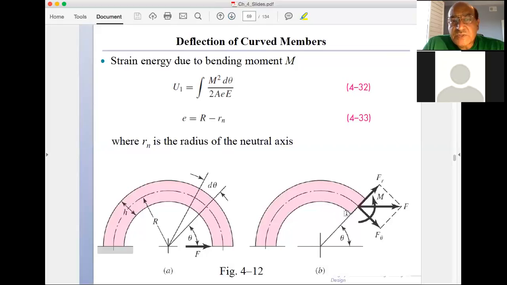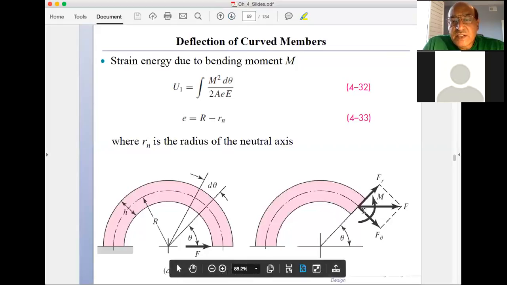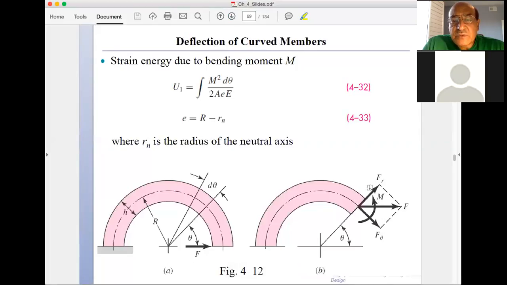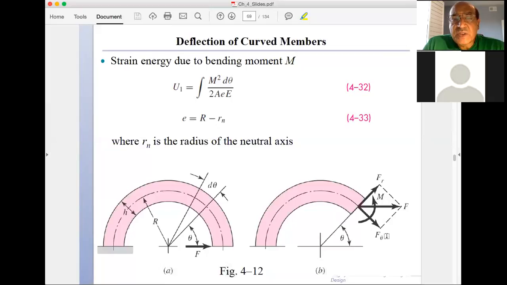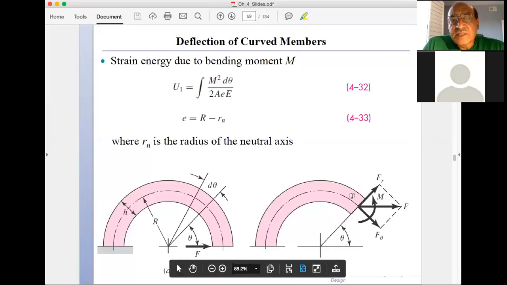And then we have to get another component for the azimuthal force, and then one component for the radial force. The azimuthal force is axial, so it will be F squared over 2AE, where E is the elastic modulus. And then we have to integrate this over the length.